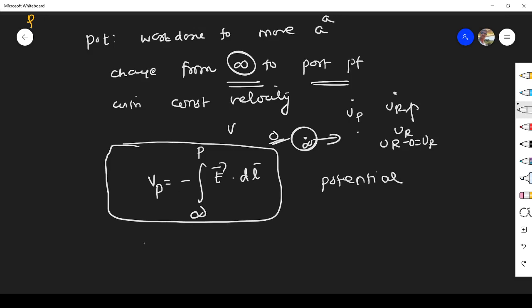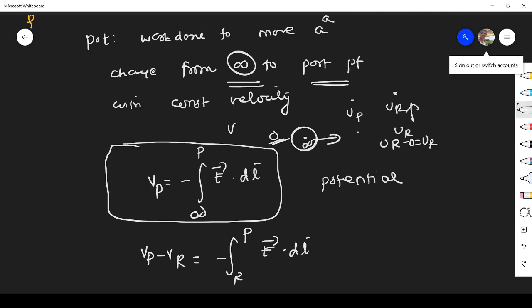You remember the equation for potential difference: VR minus VP, or VP minus VR, equals minus integral from R to P of E dot dl. Potential difference is nothing but moving a charge from one point R to another point P, whereas potential is the work done to move a charge from infinity to a particular point P.